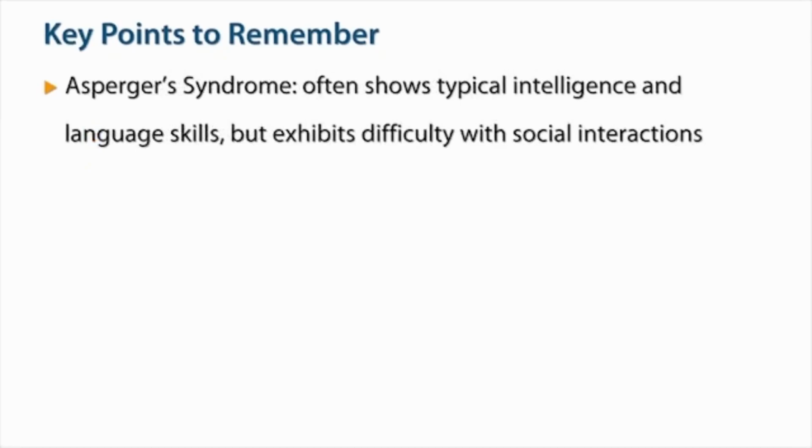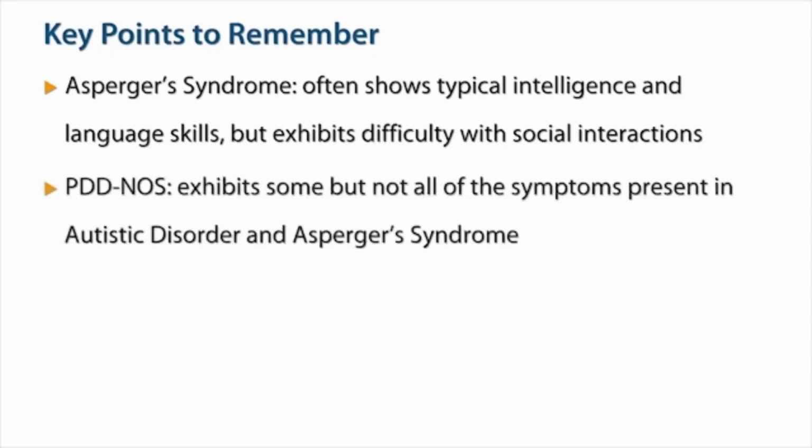Those with Asperger's syndrome may have typical intelligence and language skills, but often have difficulties with social interactions. PDD-NOS is a category of ASDs used to designate individuals that have some but not all of the characteristics that would classify them as having classic autism or Asperger's syndrome.